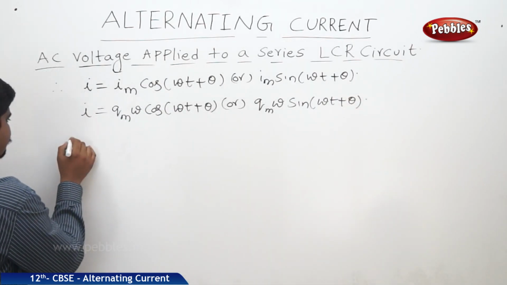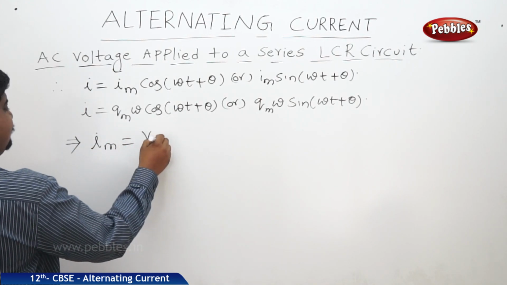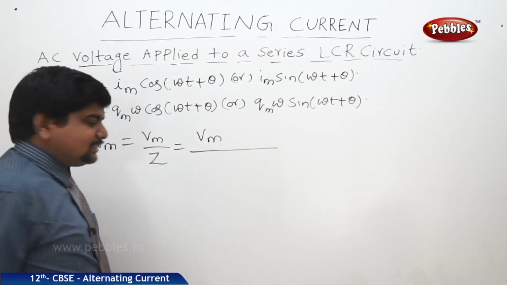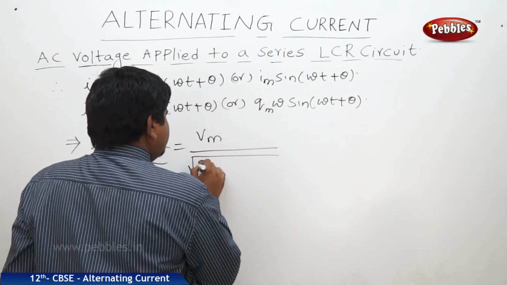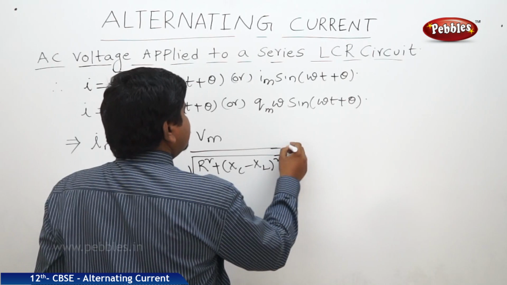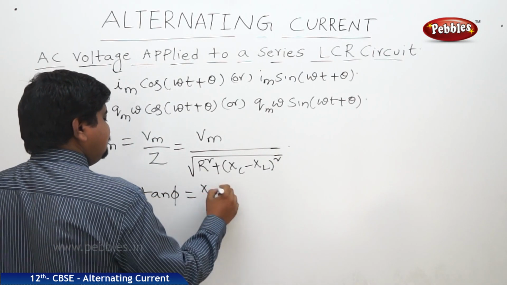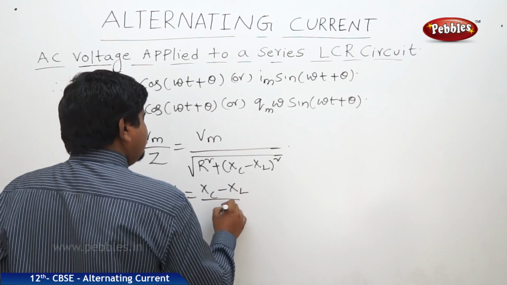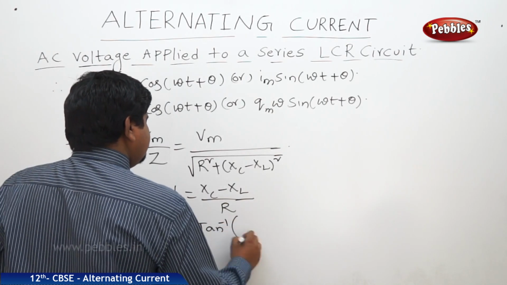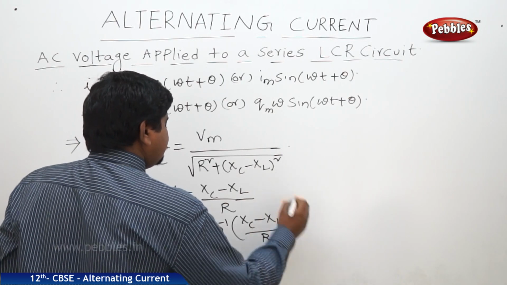And one more thing we have got like this: Im = Vm/Z. Therefore, Vm by, what is Z? Impedance. The equation is the square root of R² + (Xc − XL)², where tan φ = (Xc − XL)/R, and φ = tan⁻¹((Xc − XL)/R).